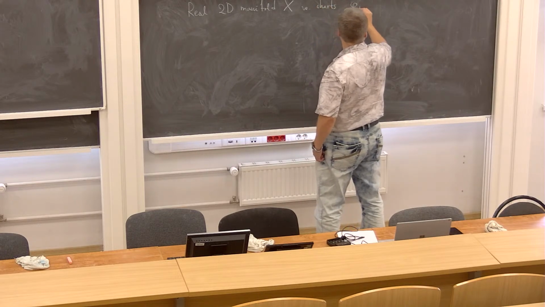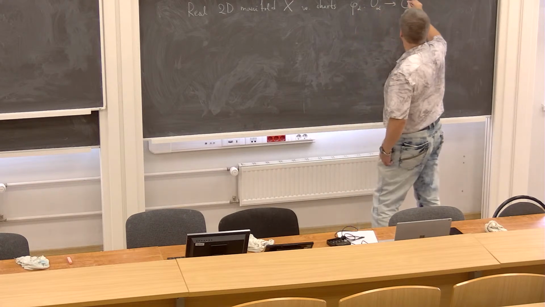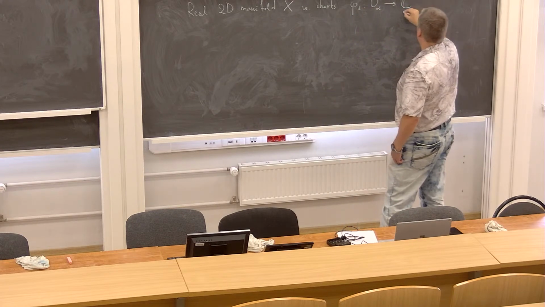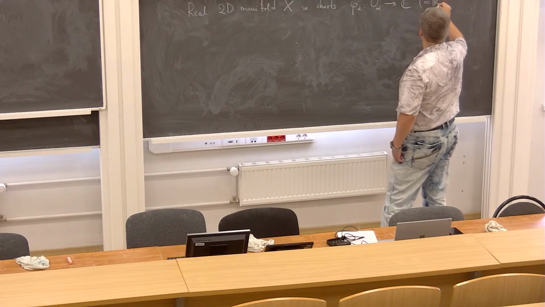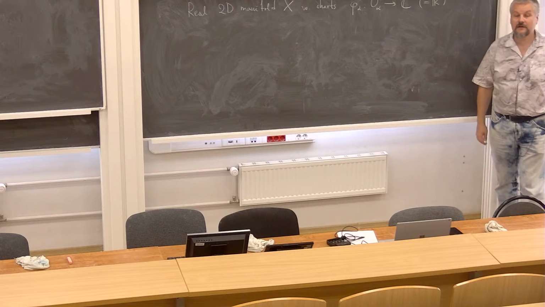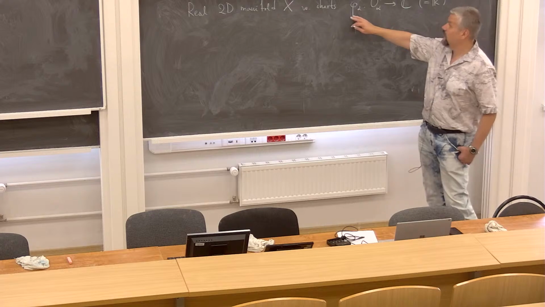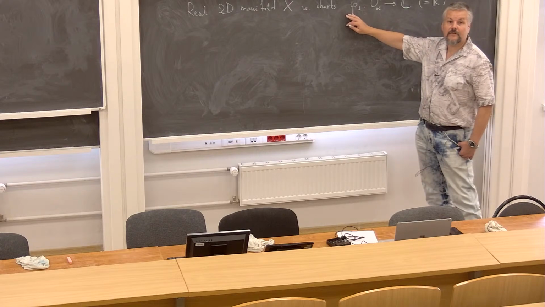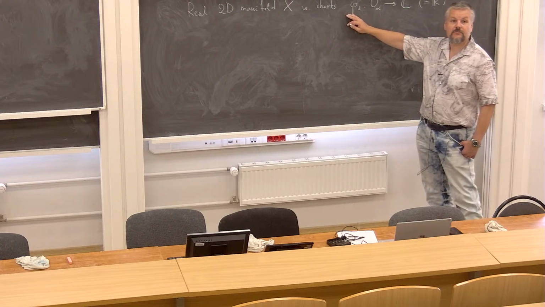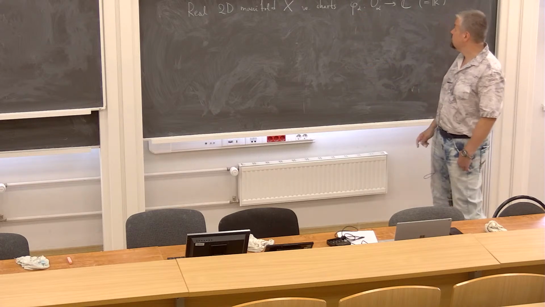say phi alpha from U alpha to C, where I really identify the plane of real numbers with the plane of complex numbers. And additionally, so just for a 2D real manifold, we require that the transition maps be smooth.